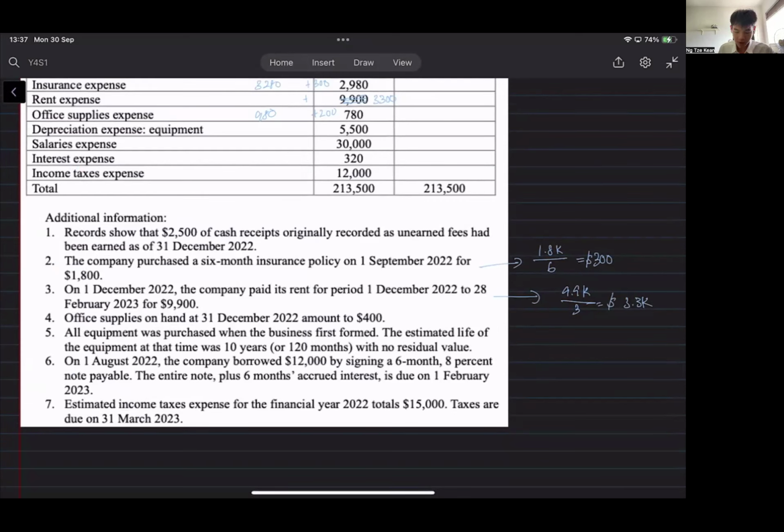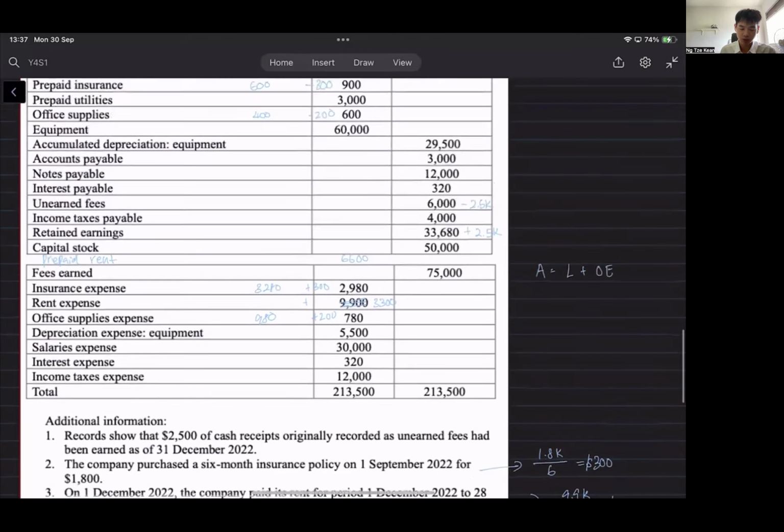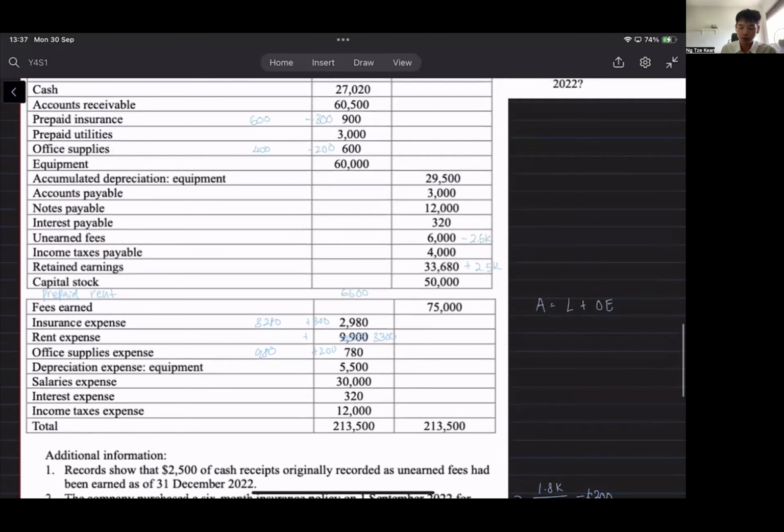All equipment was purchased when the business first formed. The estimated life of the equipment was 10 years or 120 months with no residual value. So when you purchase the equipment, recall, even in question 1, we record the equipment at cost, the historical cost at which it was purchased. And the equipment here is 60,000.